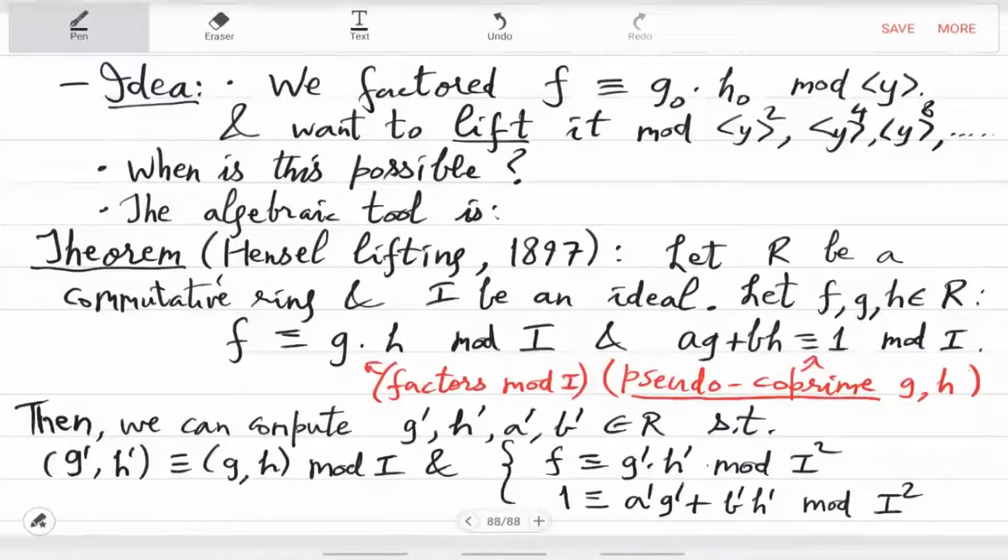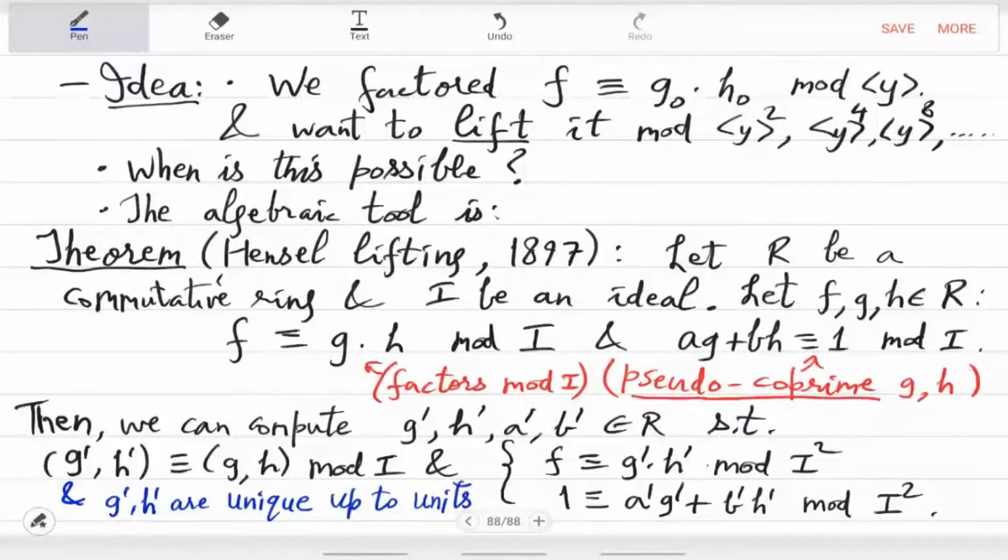You can always multiply by 2 and divide by 2 in the factors, right? So those things you can do here also, but up to those unit multiplications, G prime, H prime are unique. So G prime in particular is unique. That's the last. G prime, H prime are unique up to units. So this is a big statement.